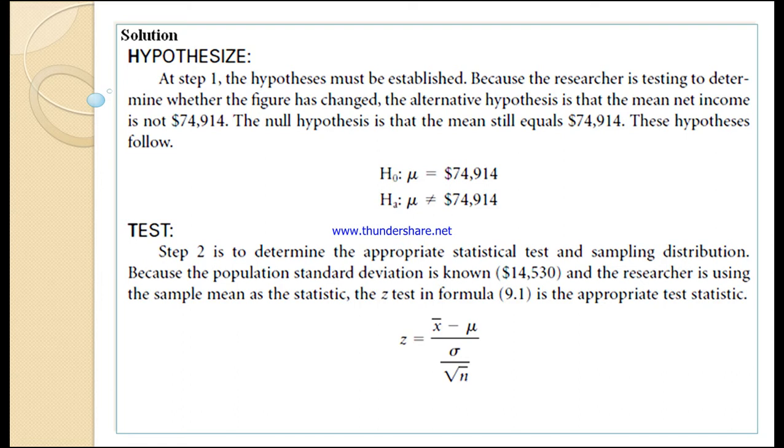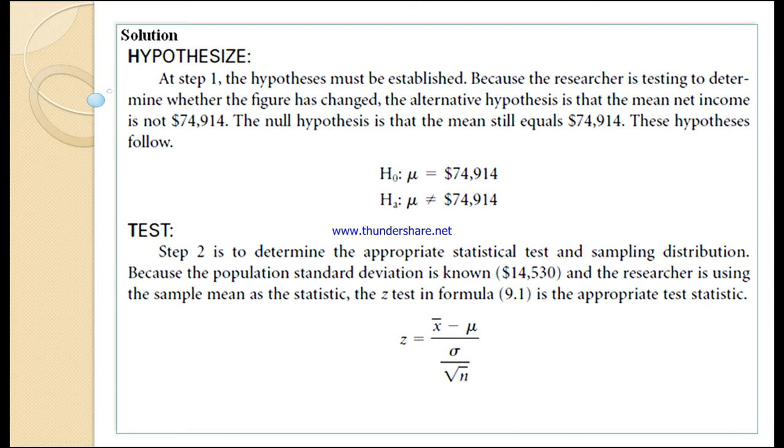At task number 1, we establish the null hypothesis and alternative hypothesis. Therefore, step number 1 will be establishing the null hypothesis and alternative hypothesis. Because the researcher is testing to determine whether the figure has changed, the alternative hypothesis is that the mean net income is not $74,914.